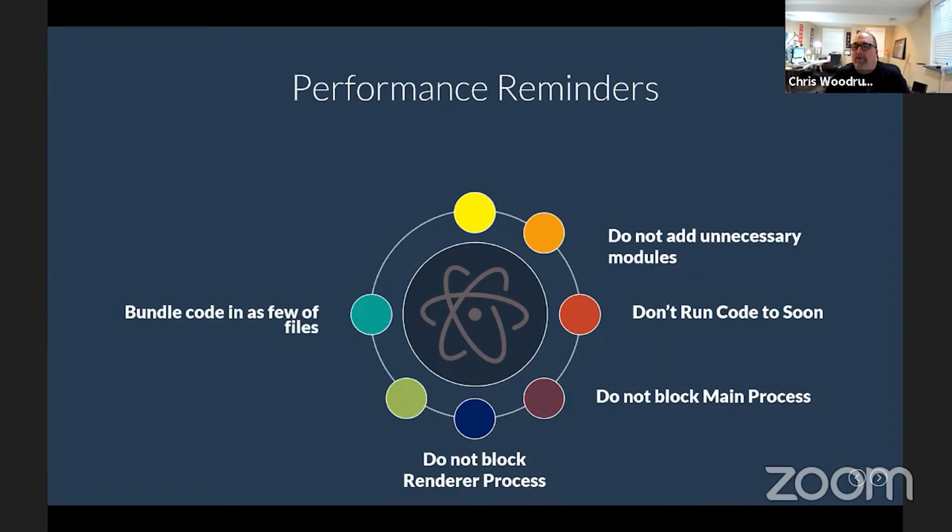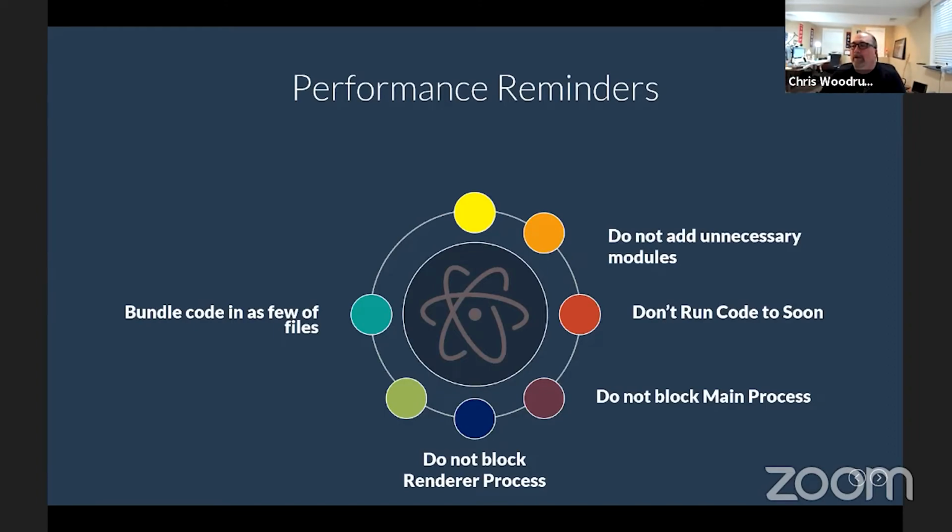Bundle your code in as few files as possible. So for this, I would say, if you have a renderer, try to minimize the number of JavaScript files that you have for the renderer process.